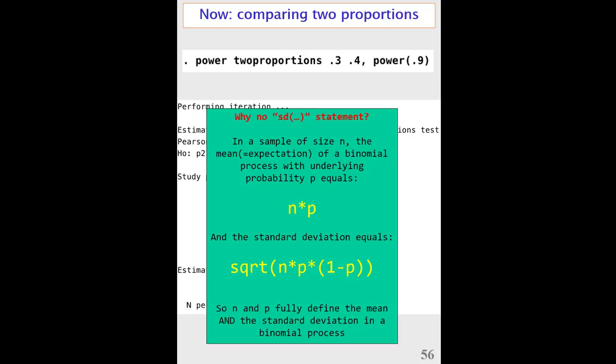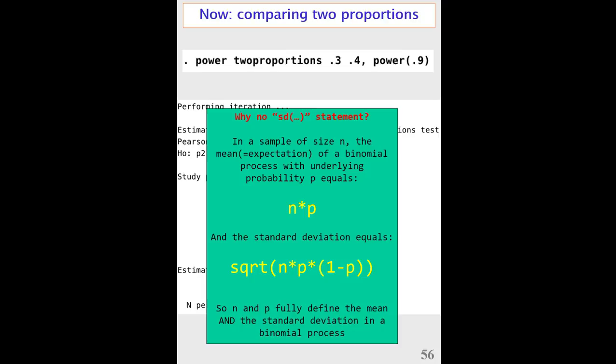So if p is at 0.3, it is 1,000 times 0.3, or if we're flipping a coin, then we expect 1,000 times 0.5, or 500. And the standard deviation, so how wide the distribution is, is the square root of n times p times 1 minus p. Forget about what that exactly means, but it is completely defined by n and p.